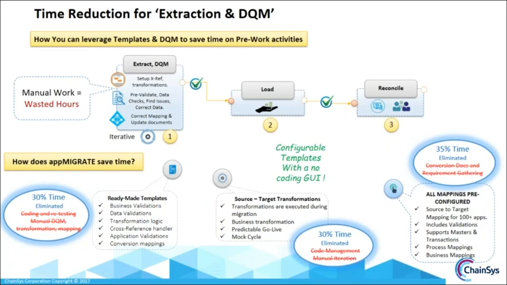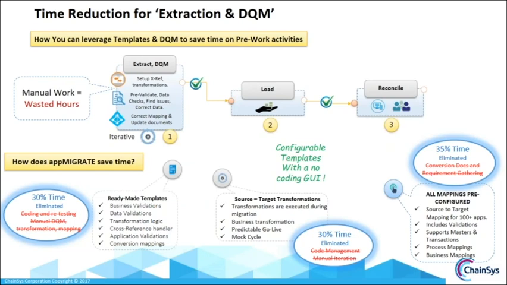And these ready-made templates provide business validations and data validations as well. It gives us transformation logic. It knows how to convert an item type from SAP to an item type in Oracle. There's a cross-reference handler, validation of applications, and conversion mappings. So when data is converted or consolidated, we retain a cross-reference back to the original source data. So when you're in your target system, you can determine exactly where from the source system that data came.